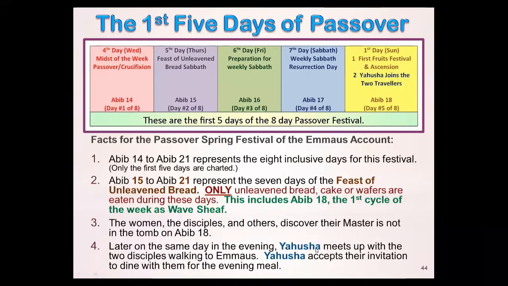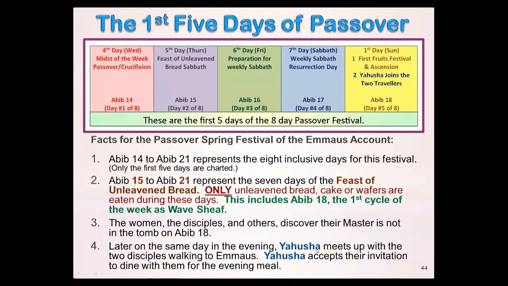Well, let's look at some facts for this Passover Spring Festival of the Emmaus account. Abib 14 to 21 represents those 8 inclusive days for the full festival, even though I'm showing only 5 of the days in the chart. But Abib 15 to 21 represent the 7 days of the Feast of Unleavened Bread. Only unleavened bread, cake, or wafers are eaten during these days. Guess what?